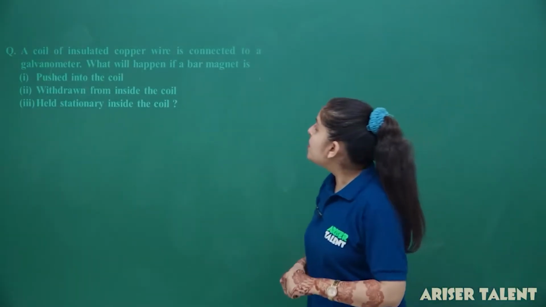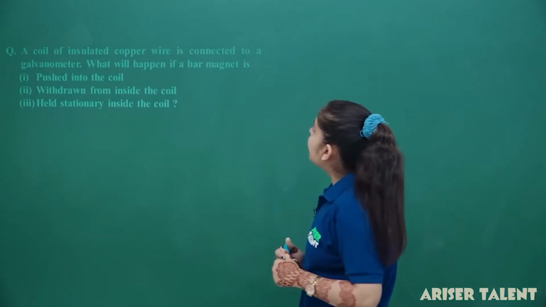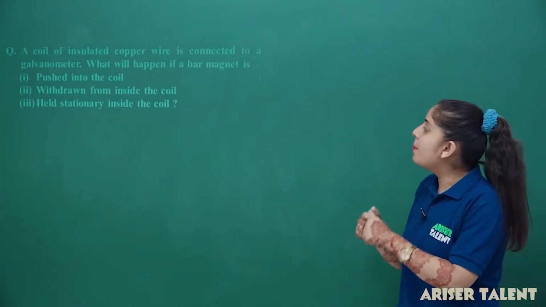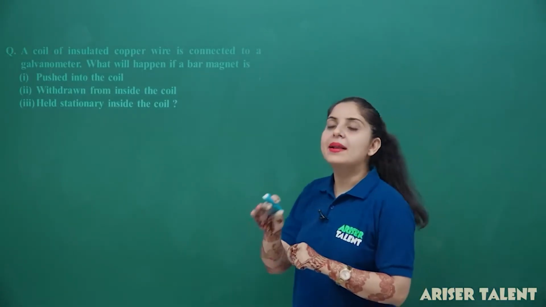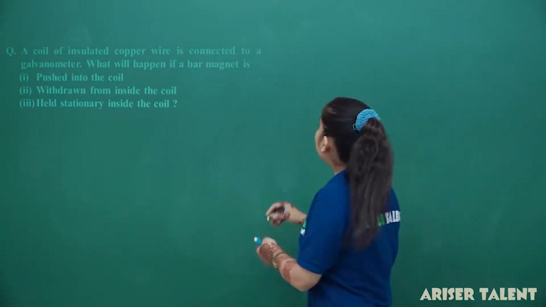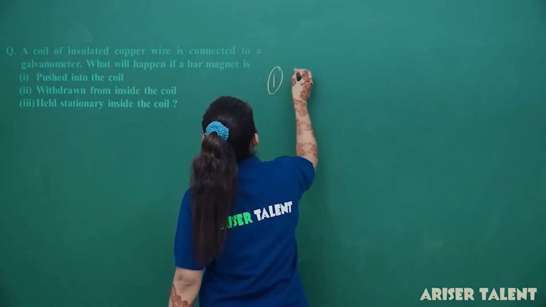A coil of insulated copper wire is connected to a galvanometer. What will happen if you push the bar magnet into the coil?